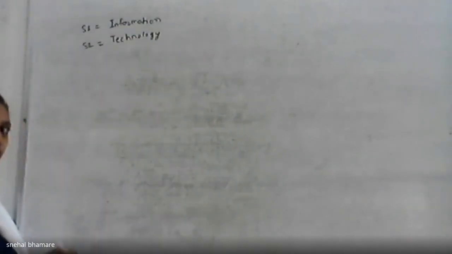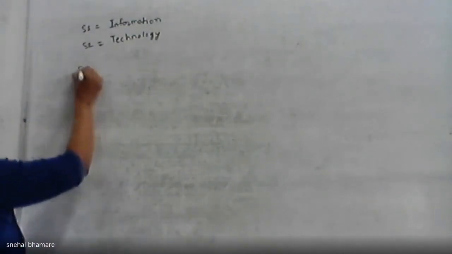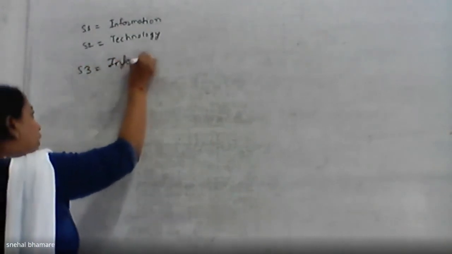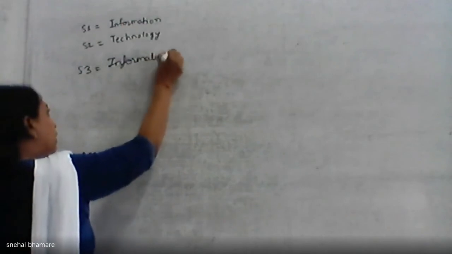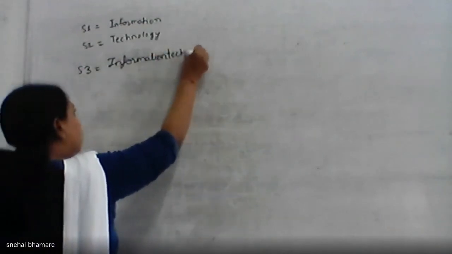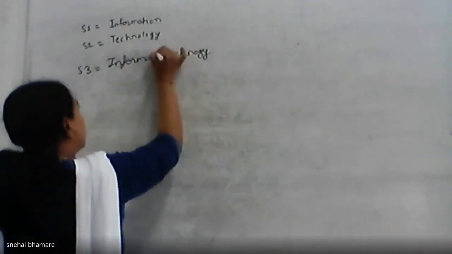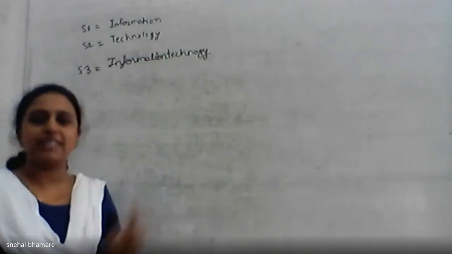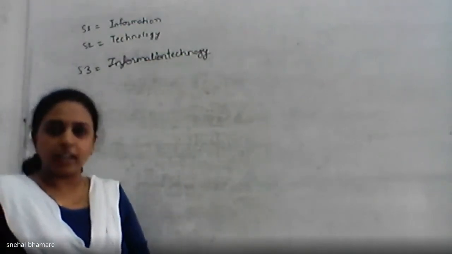After concatenating the strings, my third string will become information technology, without giving space in between the two strings. It combines both strings into a single string. That is nothing but concatenation, right?